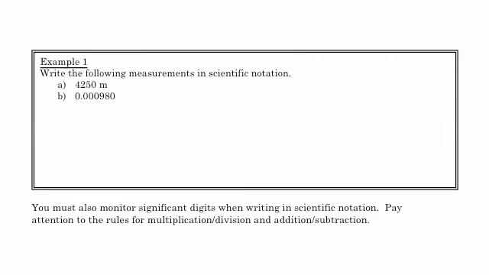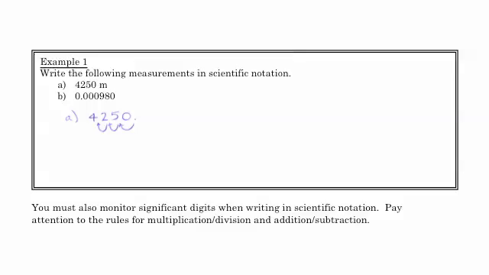So in the example here, we're going to write the following measurements in scientific notation. 4.250 meters can be expressed in terms of scientific notation. What we're going to do is move that decimal spot 3 places to the left. By moving it 3 places to the left, we increase by a power of 10 every single time.